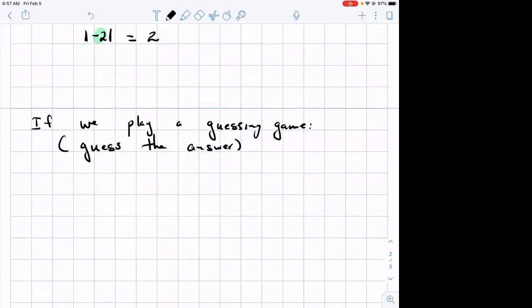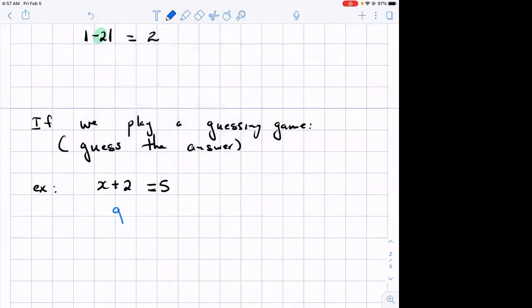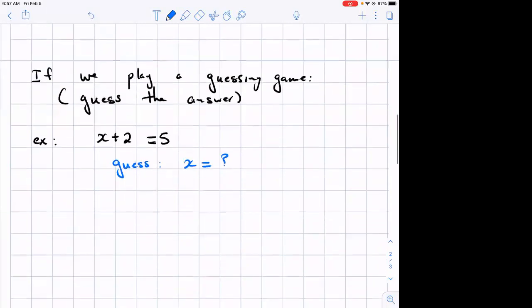For example, if I tell you that x plus 2 is equal to 5, what would you guess? x should be equal to what? Obviously you can do this in algebra, but what plus 2 is equal to 5? Your guess should be 3.